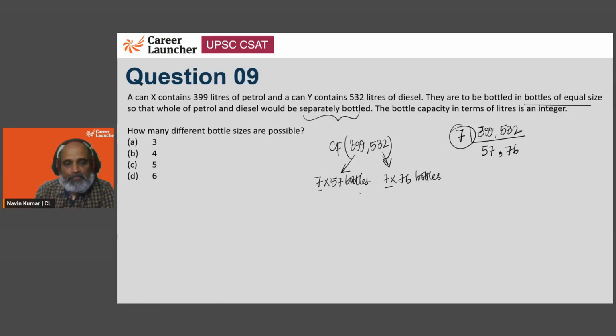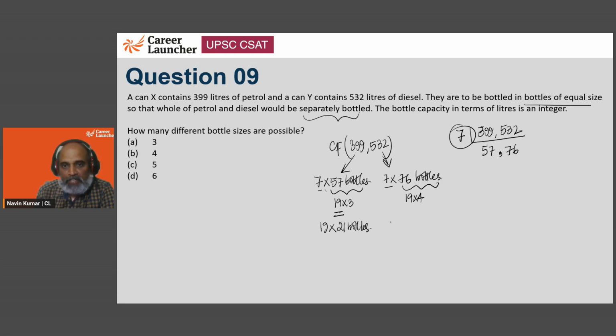We need to take the further HCF of 57 and 76. So this is going to be 19 into 3, and this is going to be 19 into 4. So we see a 19 also. So instead of 7 liters, we can also have bottles which have a capacity of 19 liters, and there are going to be 21 bottles for this.